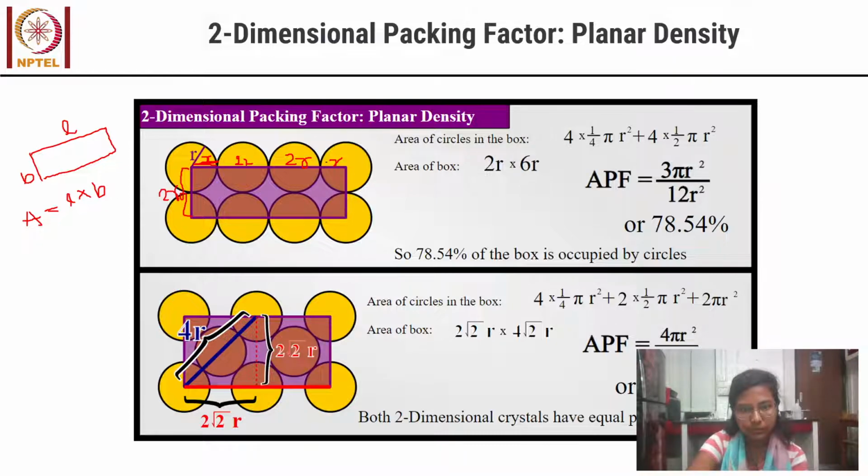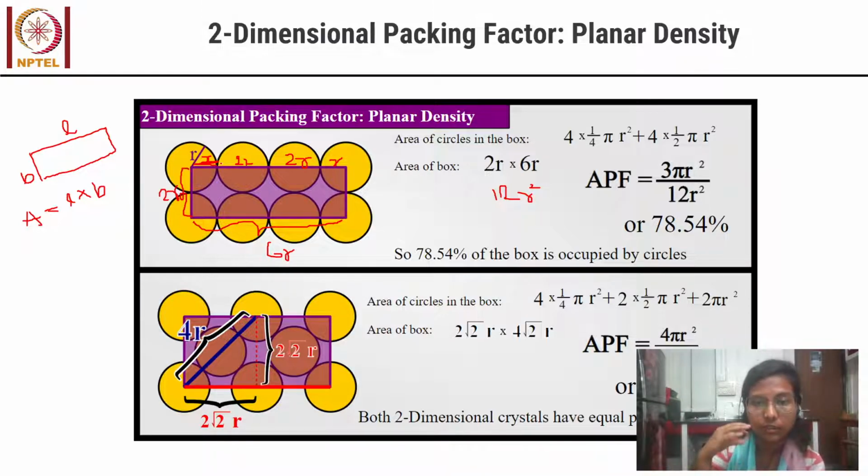So we have 6R. Obviously this is equal to this. So this side is my 6R. And what is the area of the plane? 6 into 2, 12R square. So 2R into 6R, which is 12R square.